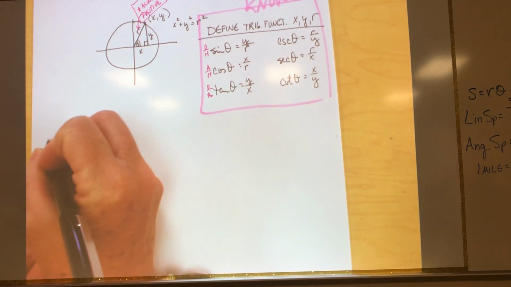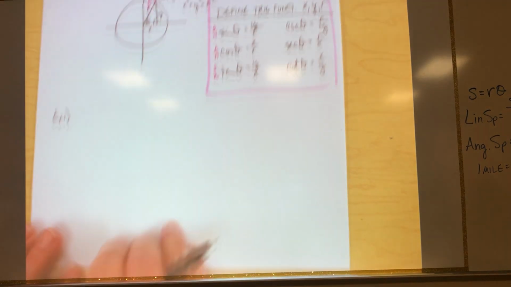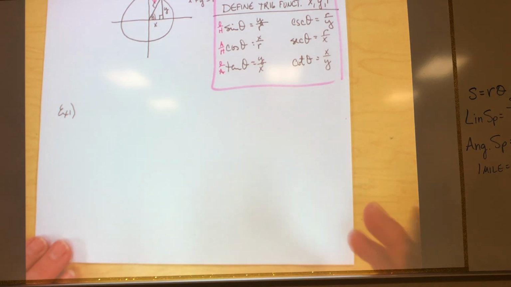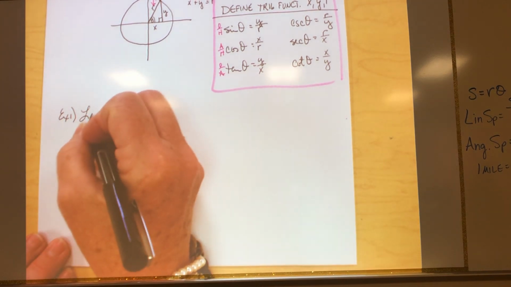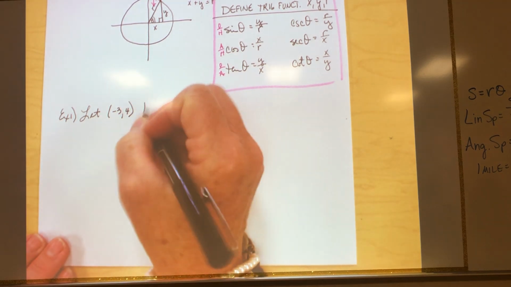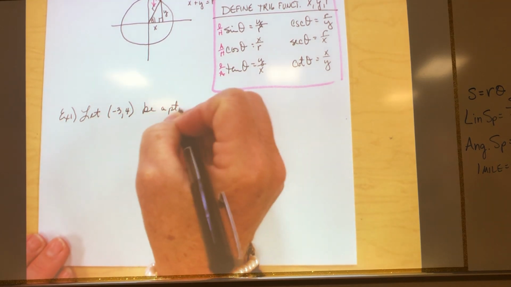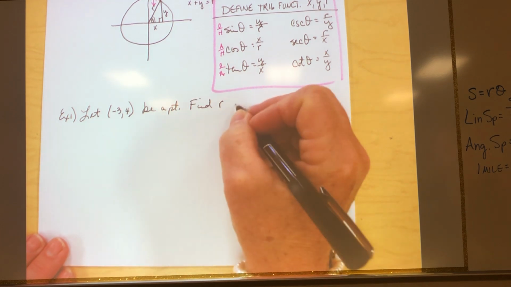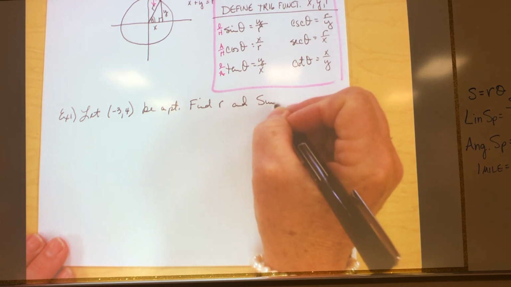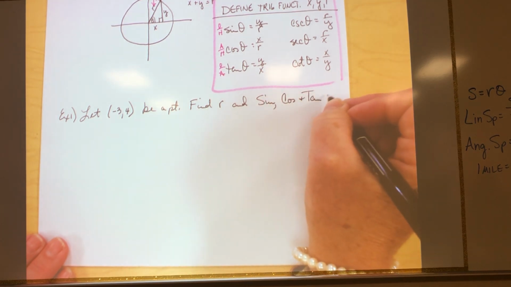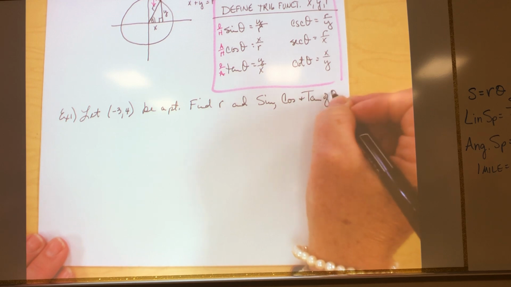You ready? So far it doesn't seem so bad, right? Does it seem different than anything we've been doing? No. No? Seems good. All right. So we're going to say let -3, 4 be a point. We are going to find R and the sine, cosine, and tangent of theta.